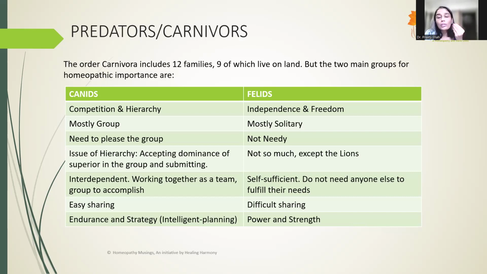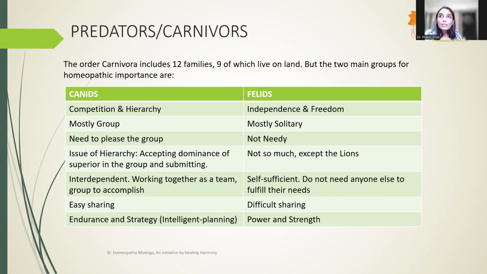So you have the Lac caninum, then you have the Lac lupinum, which is the wolf, then you have the fox, etc. Basically the dog family, and then you have the cat family. And there are some major differences between these two. So when you come to a lac group, you come to mammals within the animal kingdom, you have to differentiate whether it is a Canidae or a Felidae.